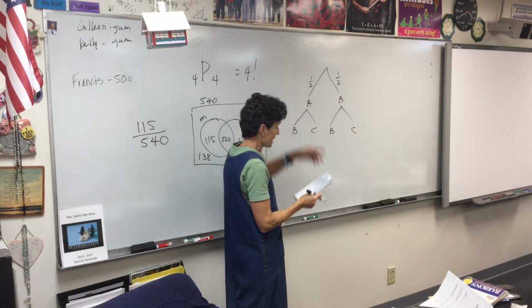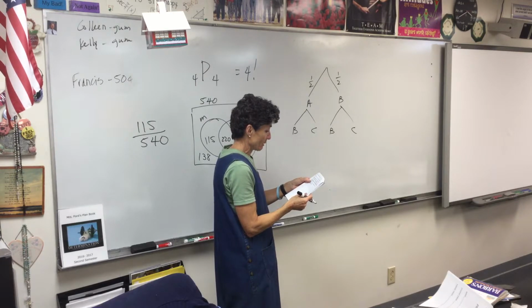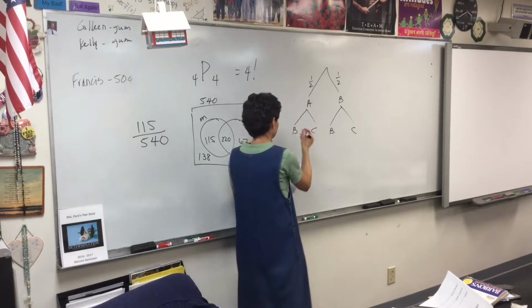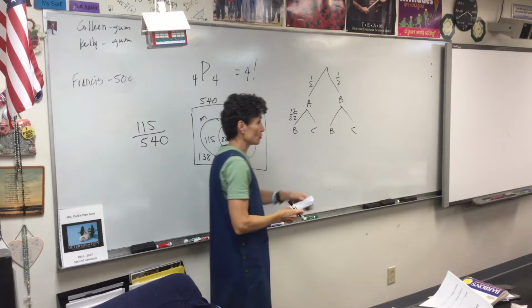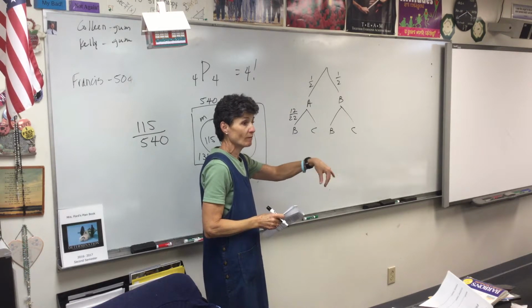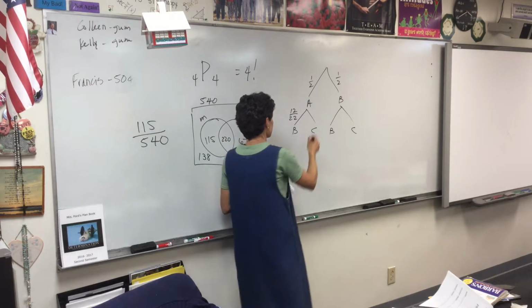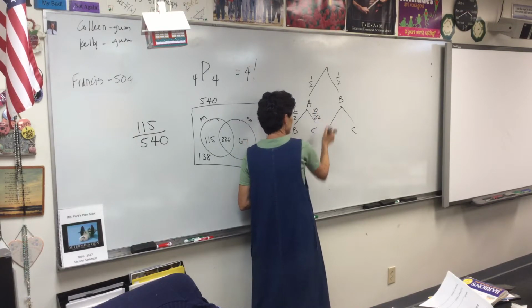If you're in tin A, what is the probability you'll get a brownie? 12 22nds. Aren't there 22 things in the tin and 12 of them are brownies? Which means 10 22nds will be the cookie.